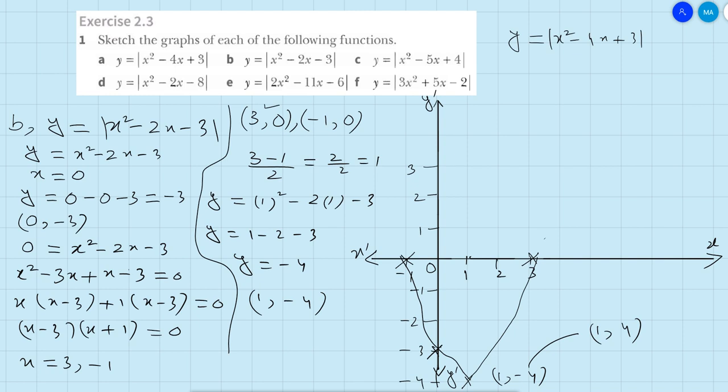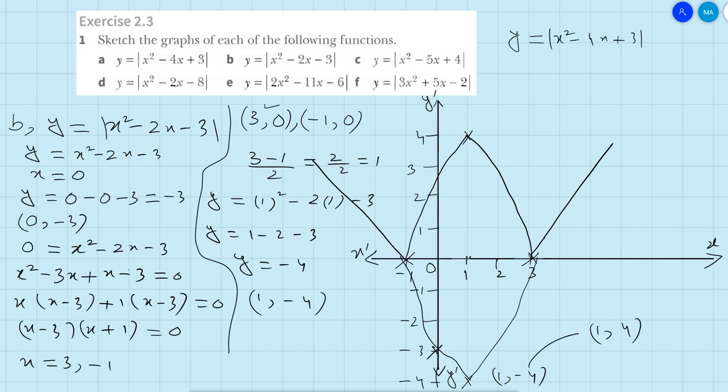Okay, so this is 4. 1 comma 4 means this point. Now join this point and this point and draw this line just for beauty. So this is the graph.